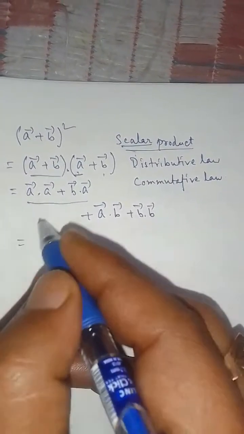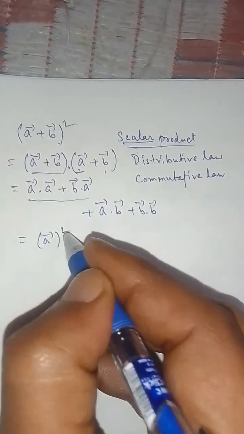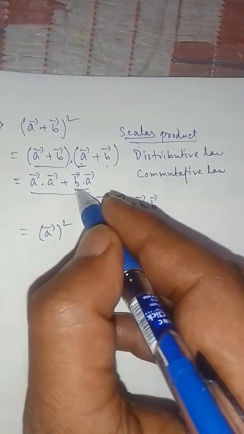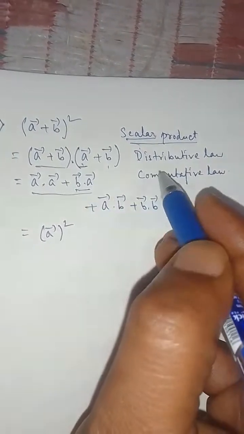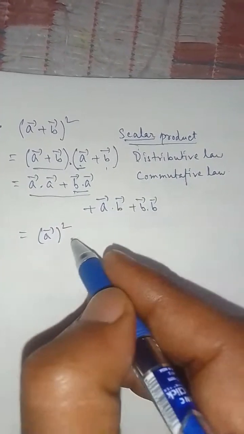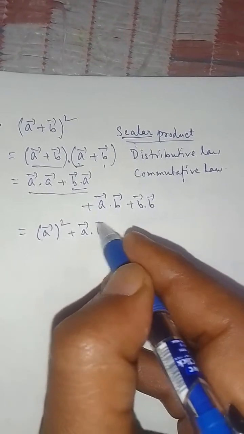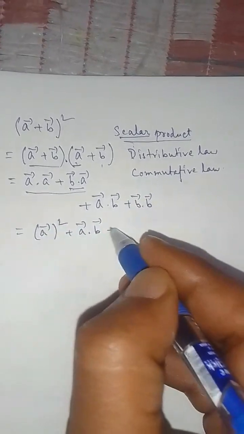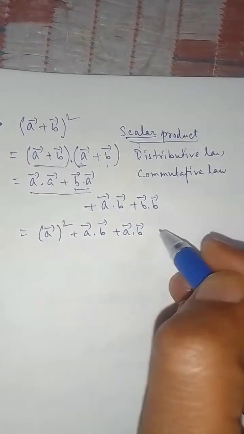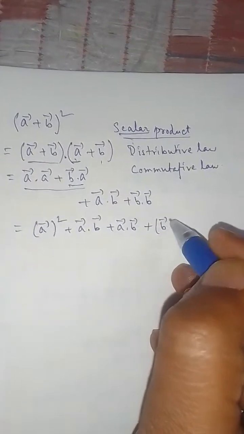Now we can write down this as a vector whole square. Here we can write down, since square product satisfies this commutative law, so we can write down this as a vector multiply b vector plus a vector multiply b vector plus b vector whole square.